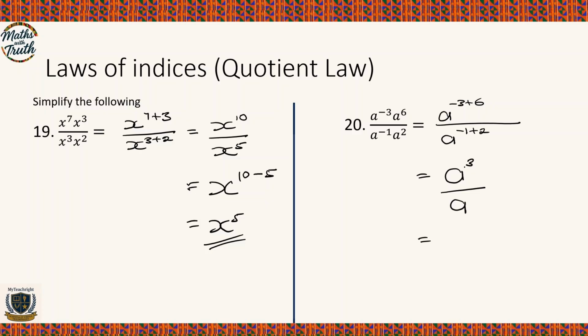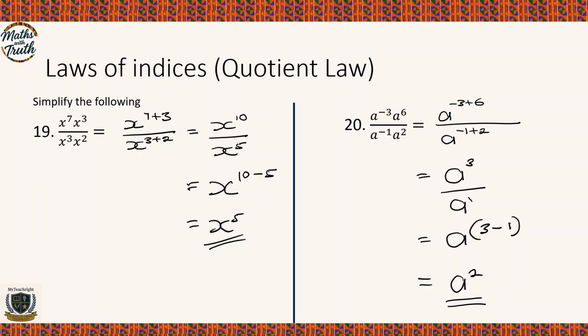And then we can apply the quotient law of indices to this one. Remember that a has a exponent 1. We usually don't write that. So then this is equal to a, again, the exponent of the numerator minus the exponent of the denominator, which then gives you a squared.